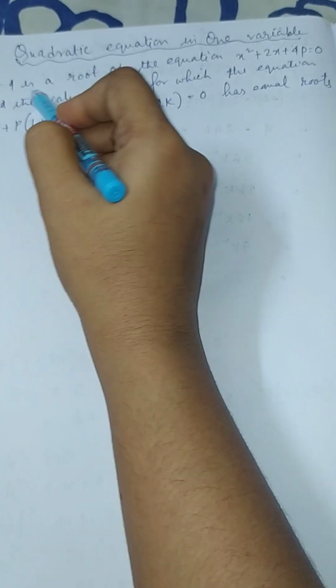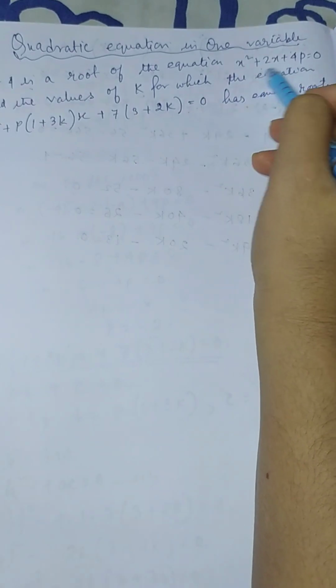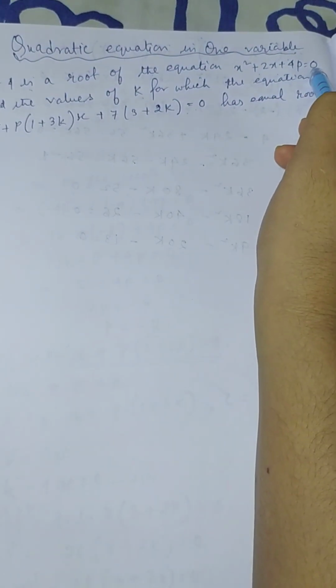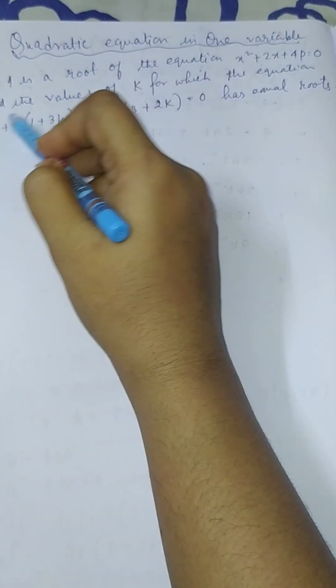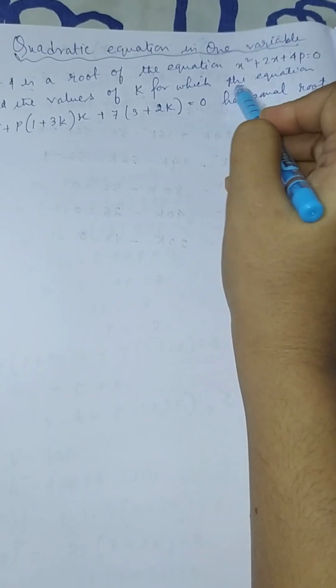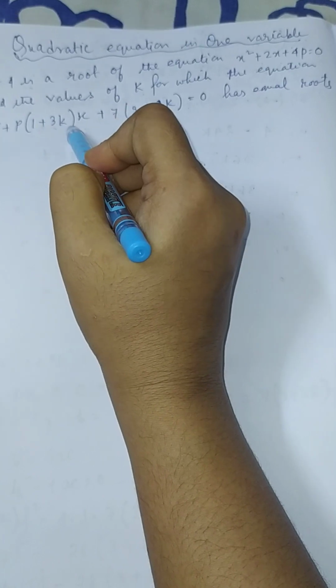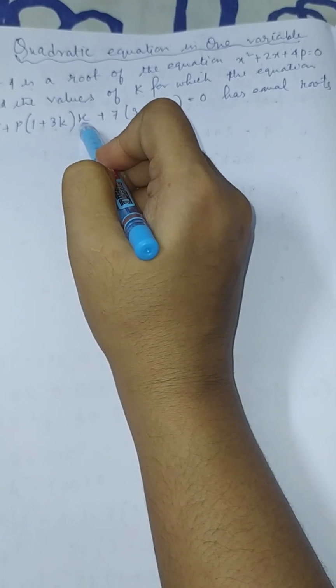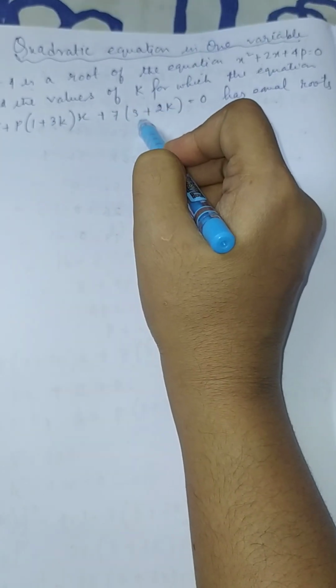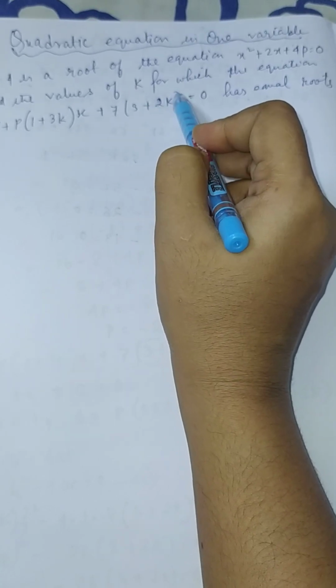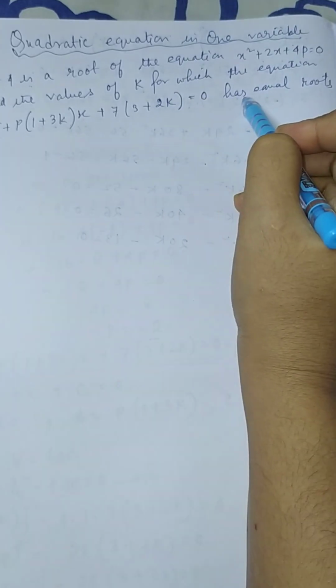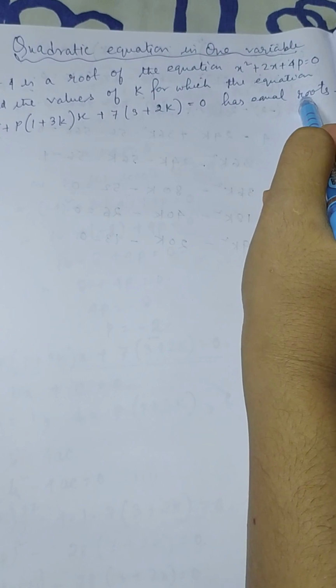If minus 4 is a root of the equation x square plus 2x plus 4p is equals to 0, then find the values of k for which the equation x square plus p(1 plus k)x plus 7(3 plus 2k) is equals to 0 has equal roots.